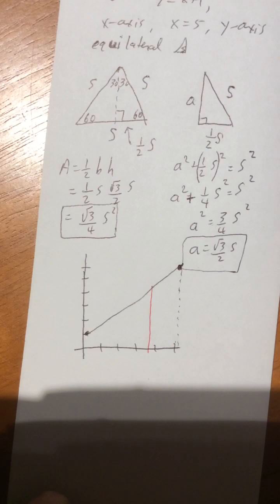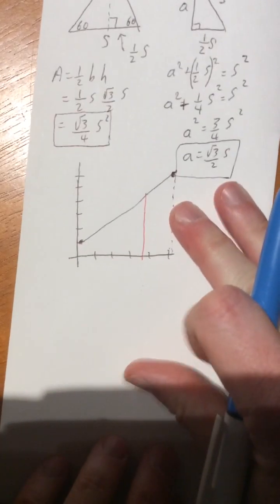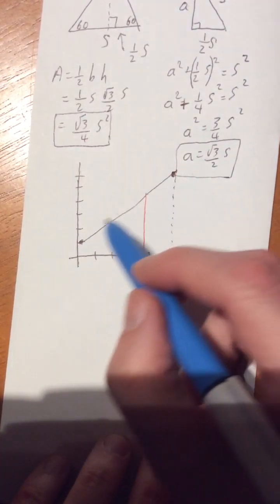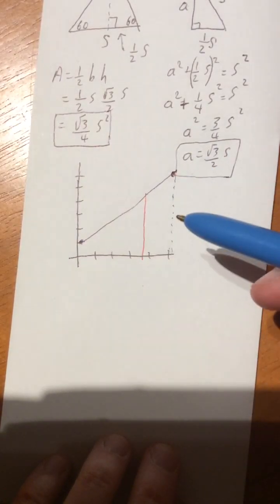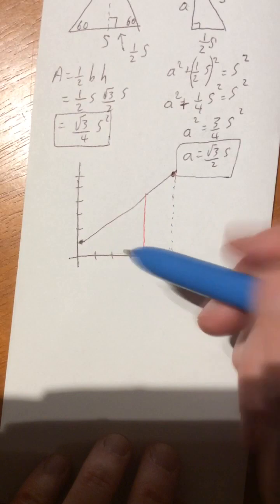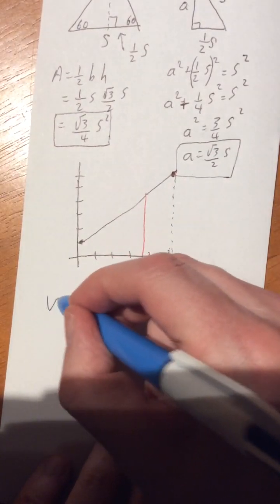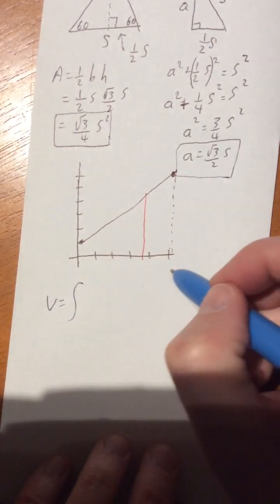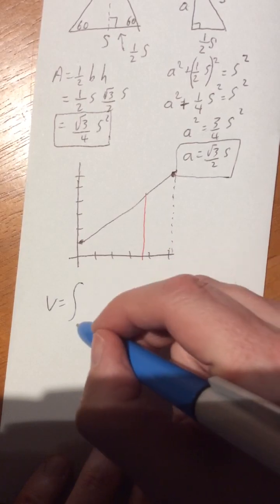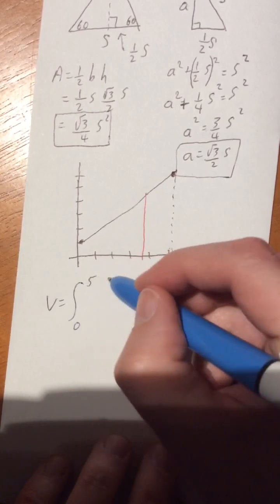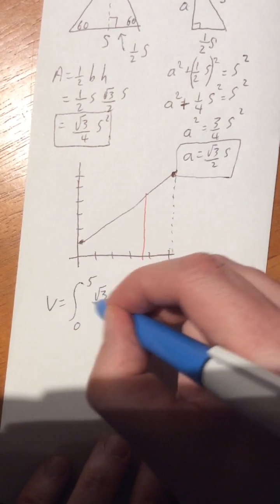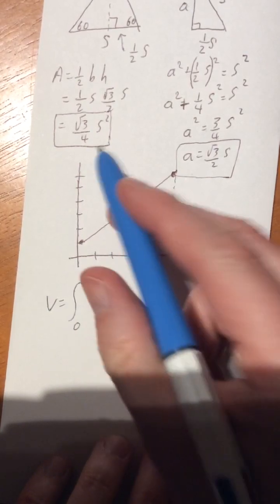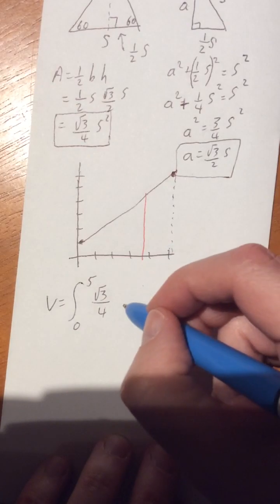So we know that the volume of this region right here with equilateral triangles growing out of it, right? Equilateral triangles growing right out of this thing is going to be volume equals the integral from 0 to 5, again, 0 to 5. And we know it's going to be √3/4, right? Because we're integrating the area, this is the area, of side squared.